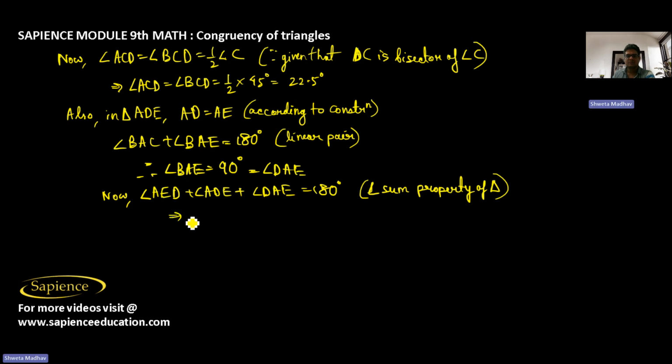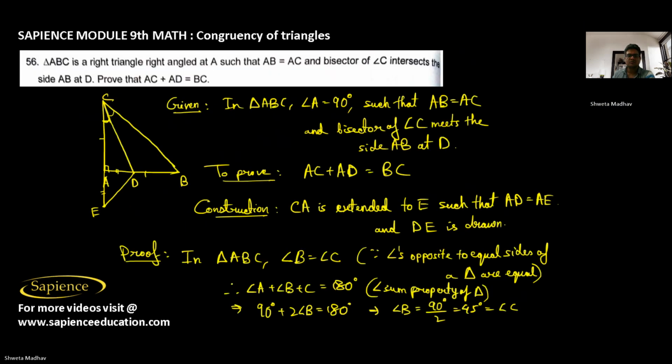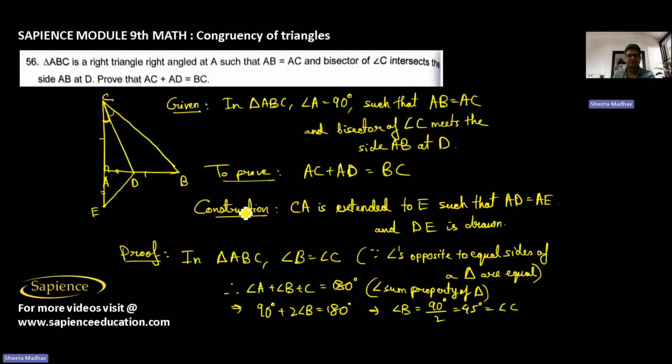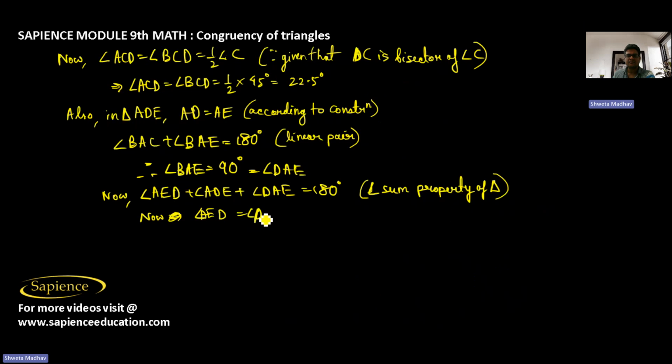Now angle AED is equal to angle ADE, since according to the construction AD is equal to AE, so the angles opposite to the equal sides are also equal.